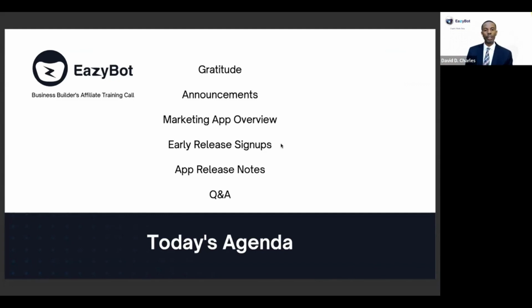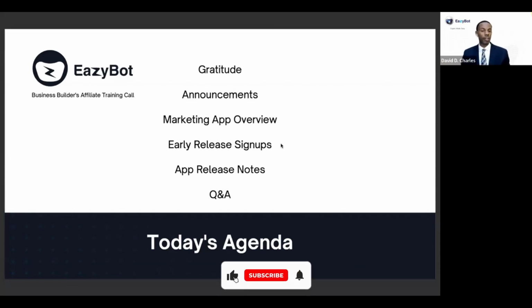What we want is the users that are engaged, that are logging into EazyBot, that are actively using the platform. We want those users first to be able to come into the system. So the first rollout is those of you who are getting early access. The second phase of rollout is users who are actively engaged, who are at least dialing in to EazyBot and have raised their hand: I'm interested, I want the app.